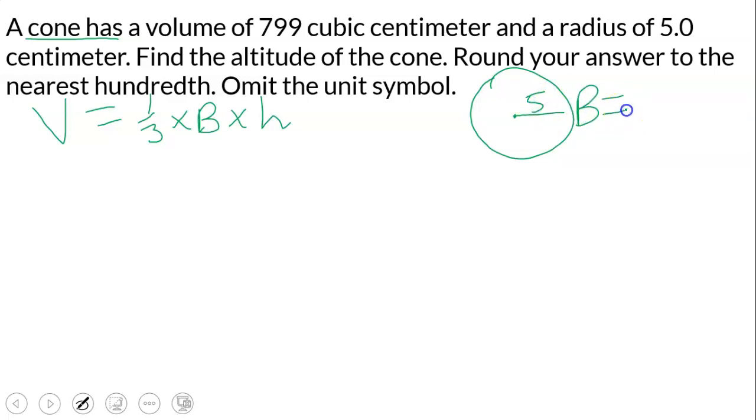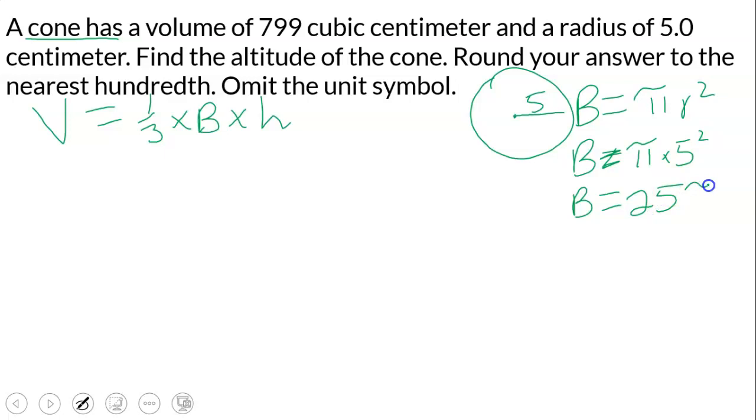So B equals pi radius squared, and so it's pi times 5 squared, which is 25 pi. Do not round, do not try to multiply by pi and round. You do not round until the very, very end. So we leave the B like that.